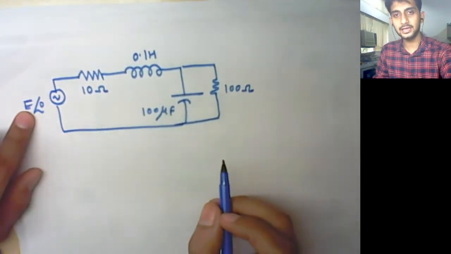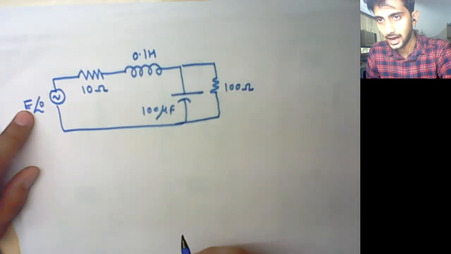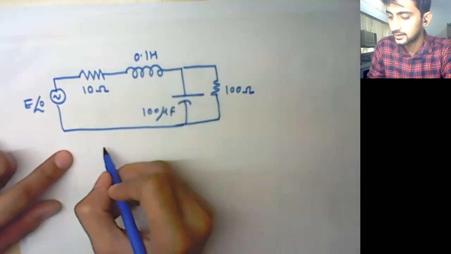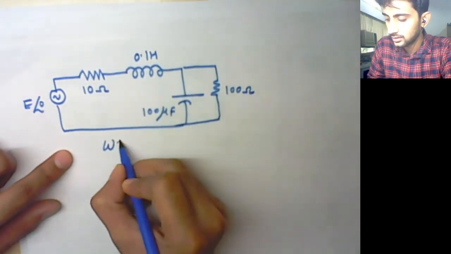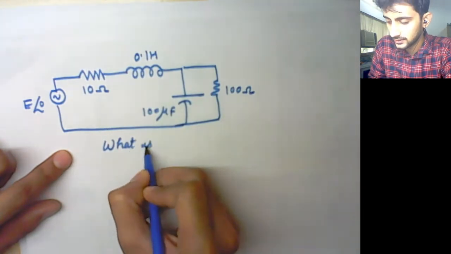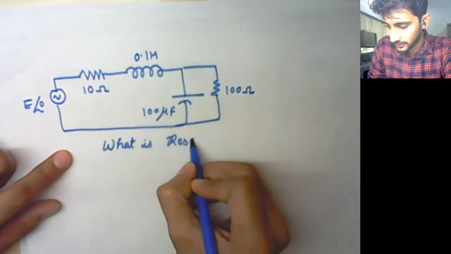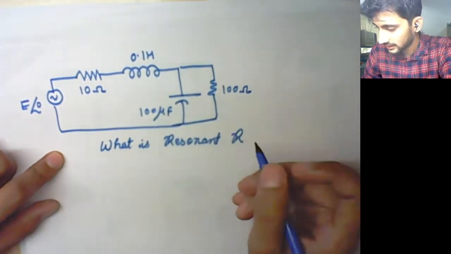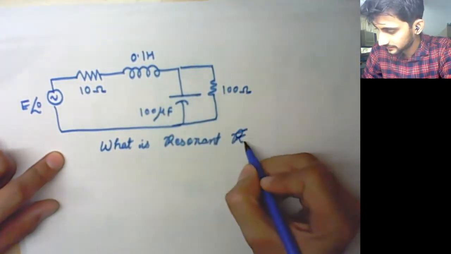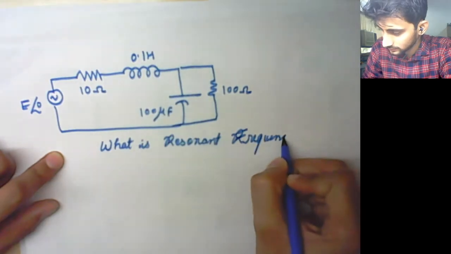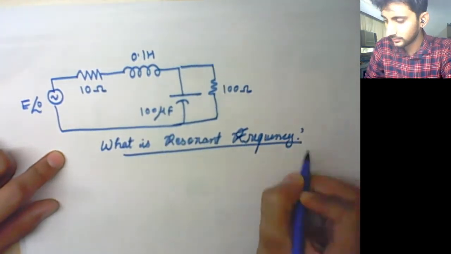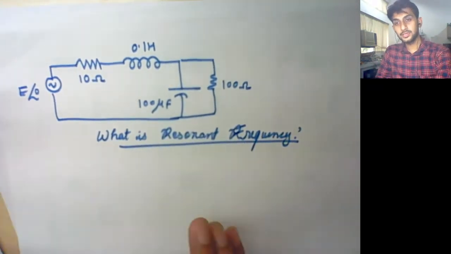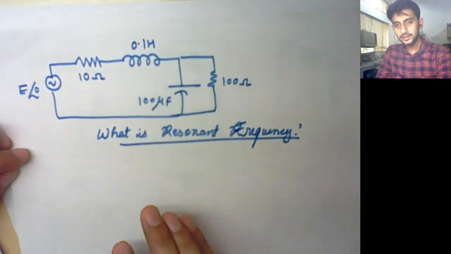This is E angle 0, and what they have asked is this: find out what is the resonant frequency. Resonant frequency निकाल. How would you do that?